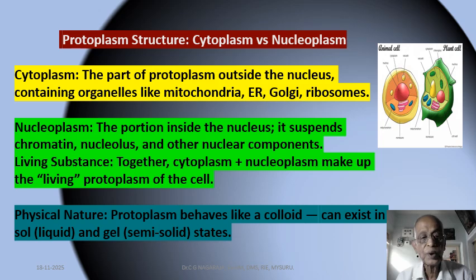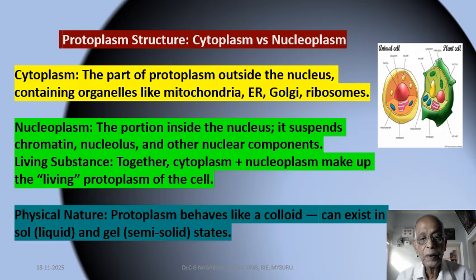Let's now go to the structure of protoplasm. When you say protoplasm, normally you have to understand it is both cytoplasm and nucleoplasm. Together it becomes protoplasm.